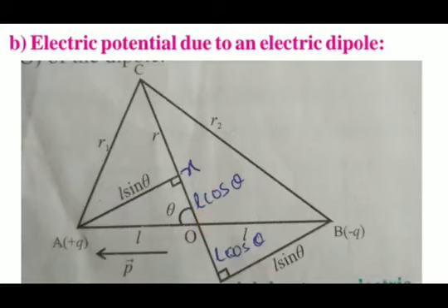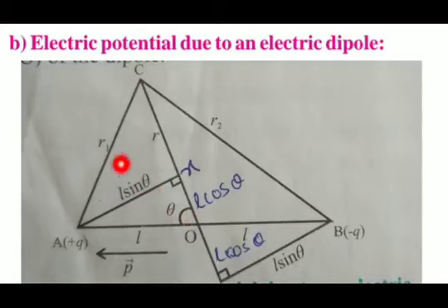Now as we have considered a point C anywhere near the electric dipole at a distance of small r, you can see here, from the center O, inclined. As you can see, this is not a straight or vertical line, it is an inclined line, making an angle theta with the axis of the dipole.